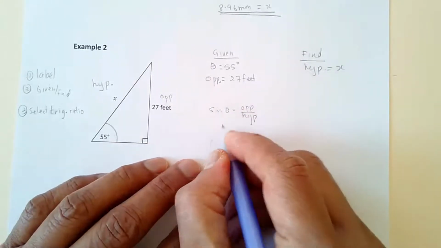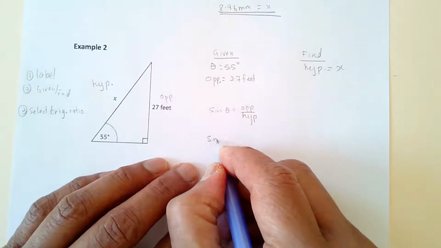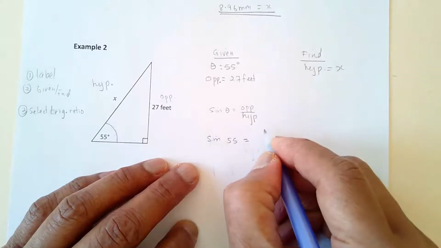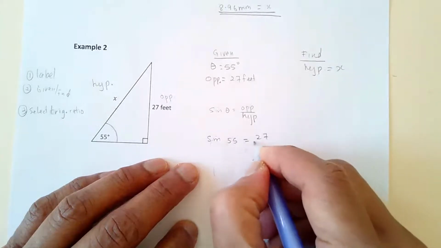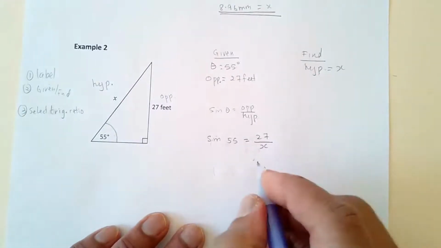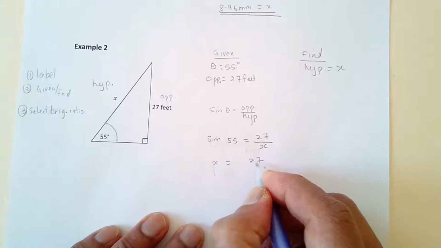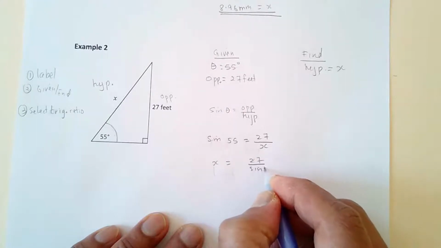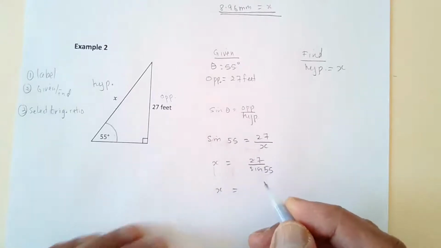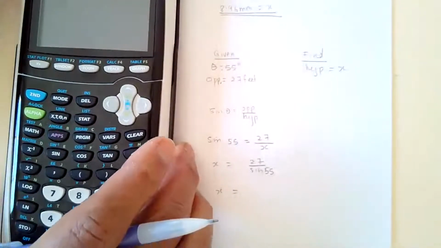So now sine theta, I'll write it here, sine 55 is equal to the opposite, which is 27 over x. So x is equal to 27 over sine 55. And this is where I'm going to go to my calculator. Good old trusted calculator here.